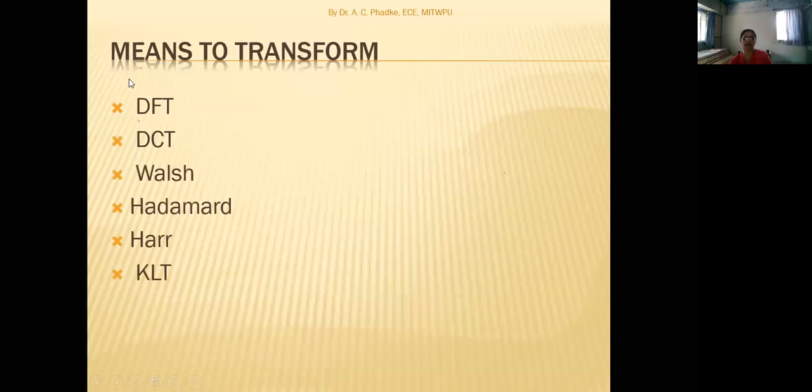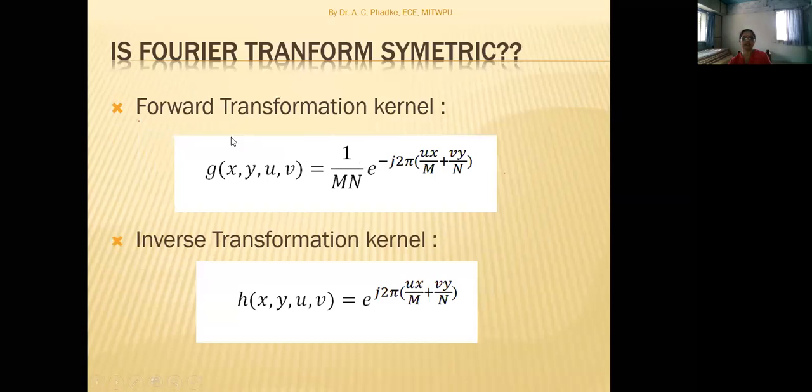So now, according to this functionality of g(x, y, u, v), we can get various transforms. For Fourier transform, we have this equation e raised to minus j theta. Similarly, for discrete cosine transform, we can have a different type of forward transformation kernel.